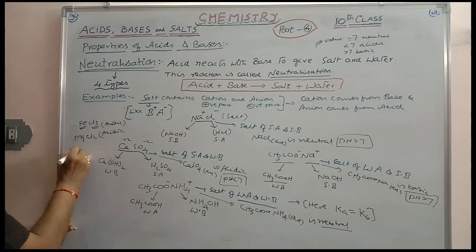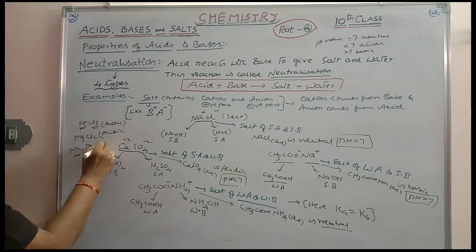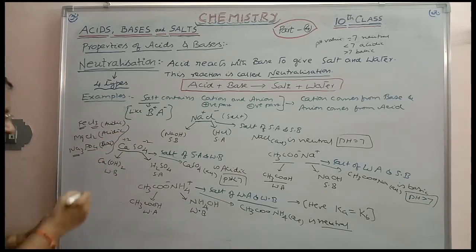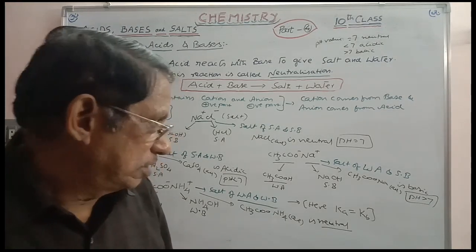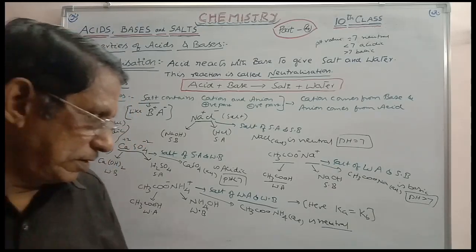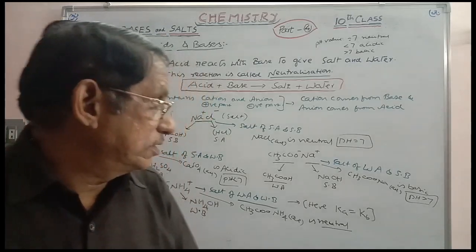Similarly, you can take sodium phosphate, phosphoric acid is weak, sodium hydroxide is strong, so it is basic. In this way, you can clarify the examples. We can study a number of examples if the time permits. With this, I am winding it up.